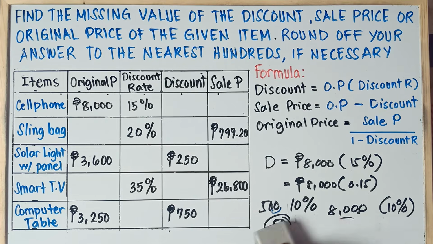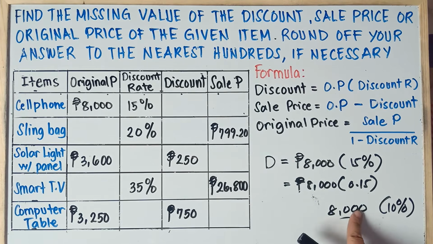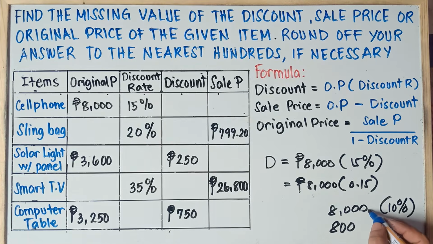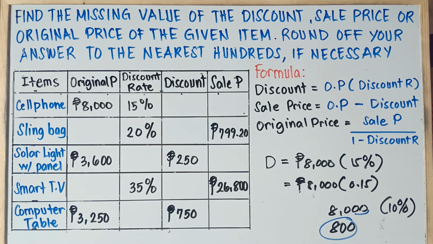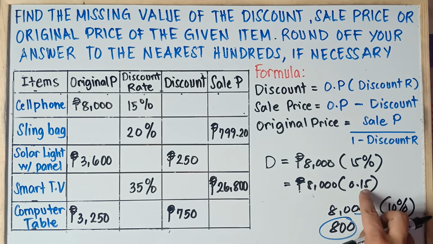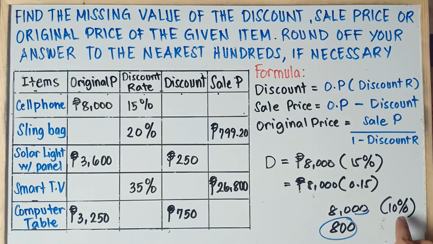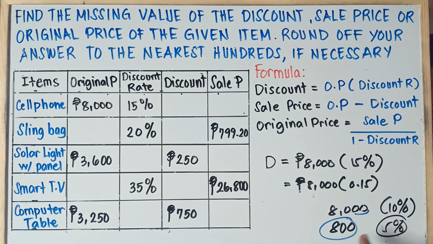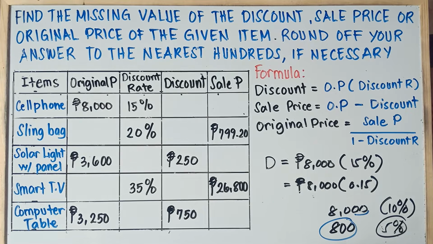Let me give you another scenario, just in case the teacher will not allow you to use calculator. 10% of 8,000, therefore this is 800, because you simply move the decimal point of this whole number right to left once. Now, since we're looking for 15%, 10% of 8,000 is 800, so 5% of 8,000 should be half of 800, right?